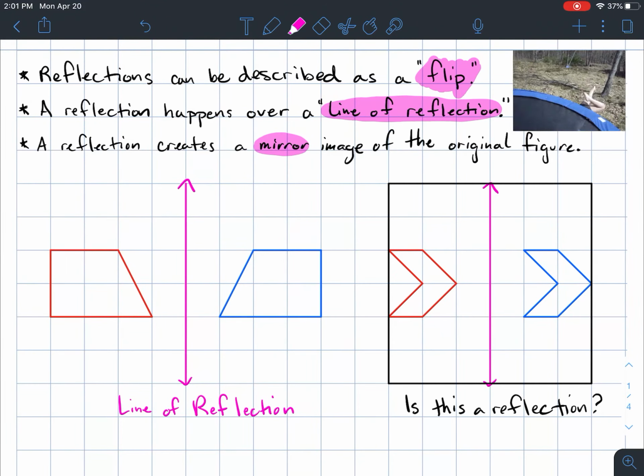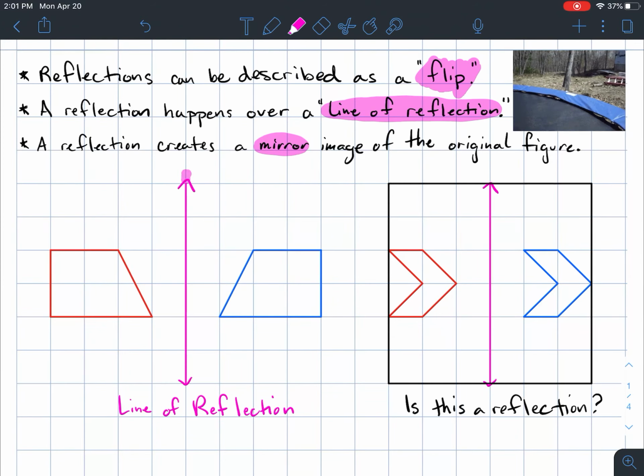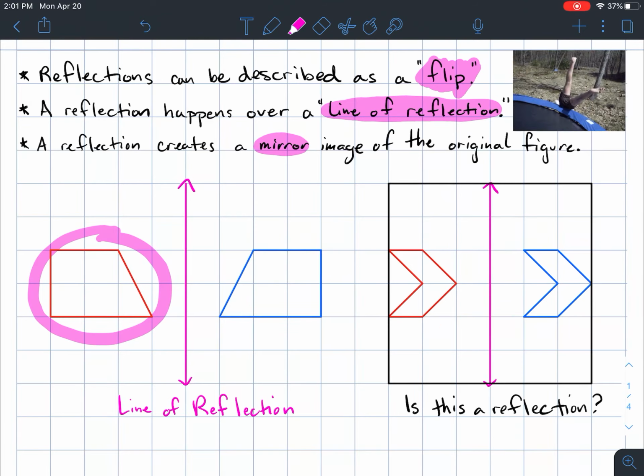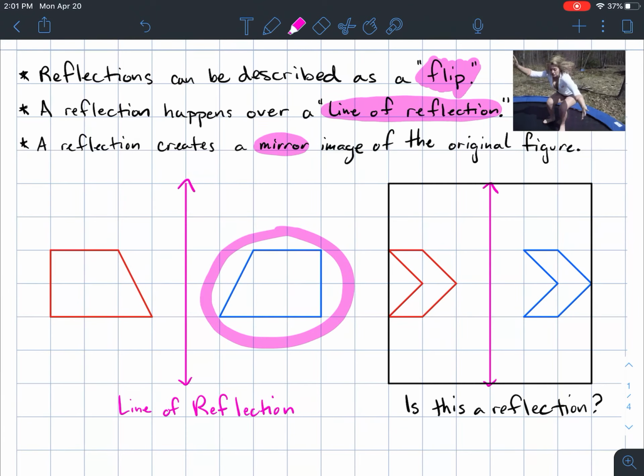So looking at these two images that you see here on the left-hand side, in pink you have what's called the line of reflection. Since it's going vertically, we can assume that that's the y-axis. And on the left you have the pre-image. We're going to use a right trapezoid. And on the right you have the image, the mirror image.